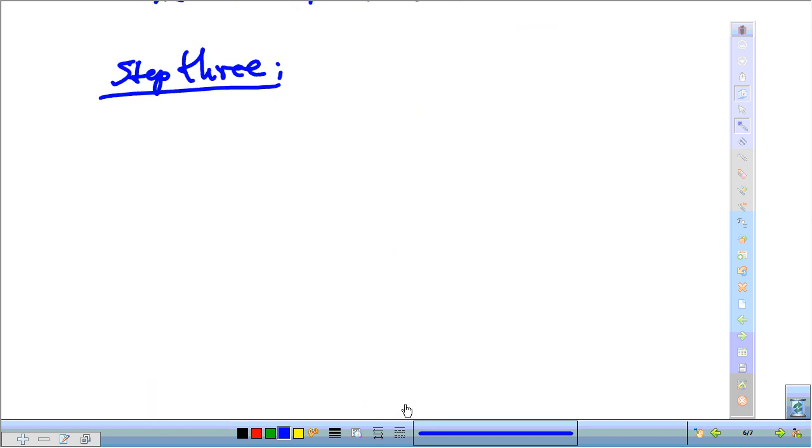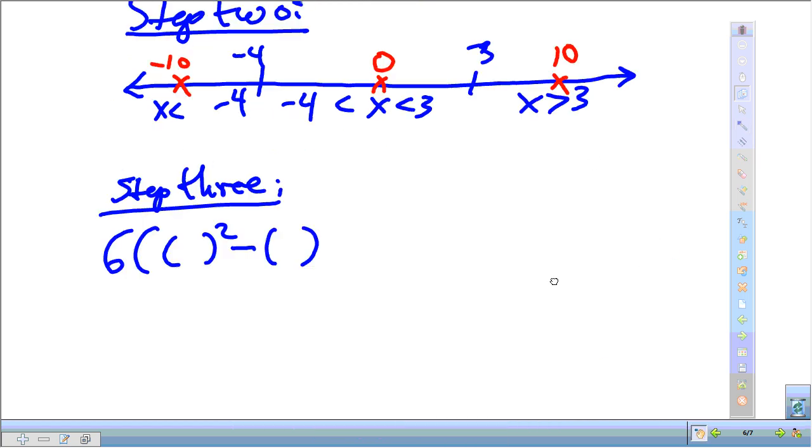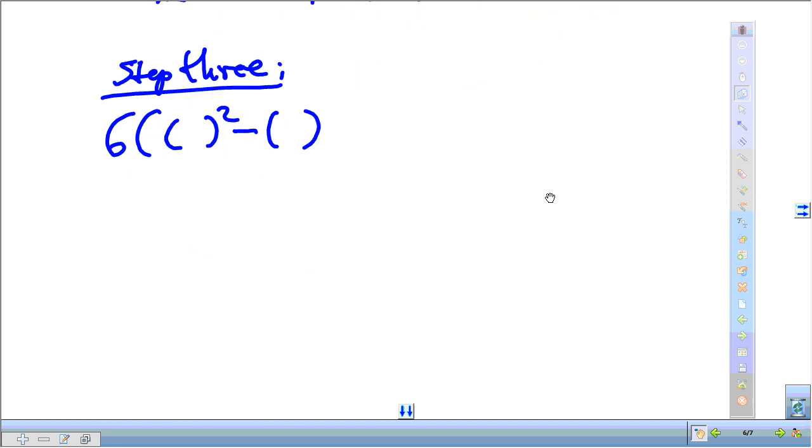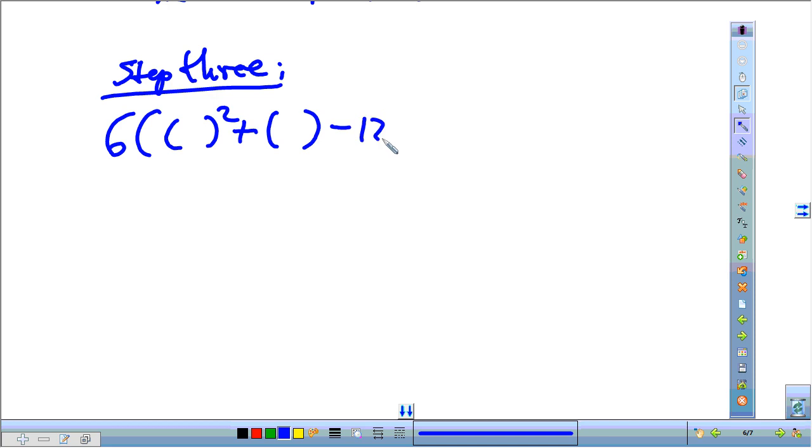I think I'll take it with the 6 factor now. 6, we have x squared plus x minus 12.